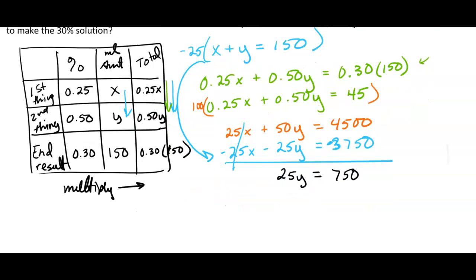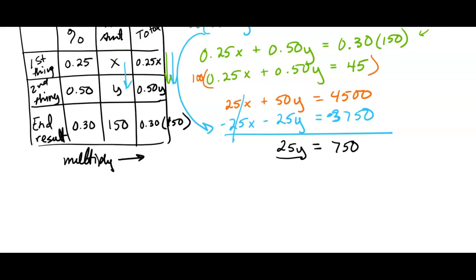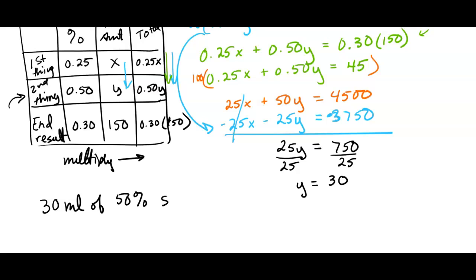Okay, so now I'll divide by 25, and I'm going to get y equals 30. So what does all of it mean? It means that I just found y. That was the second beaker, so I need 30 milliliters of the 50% solution.